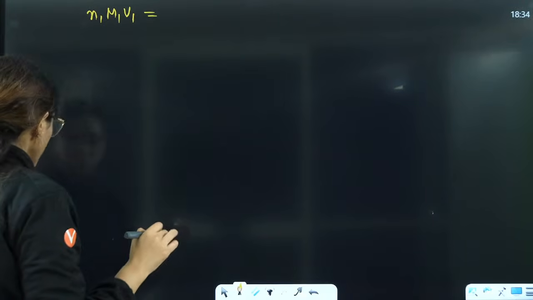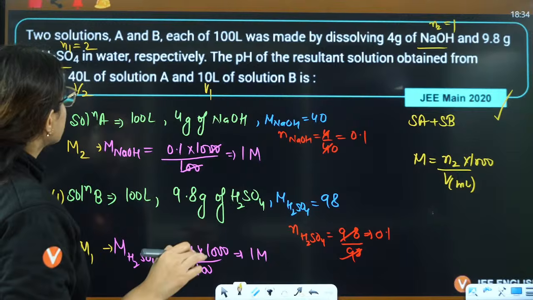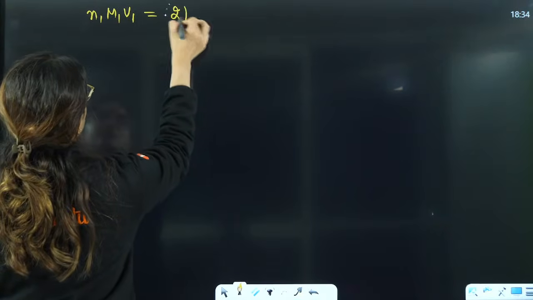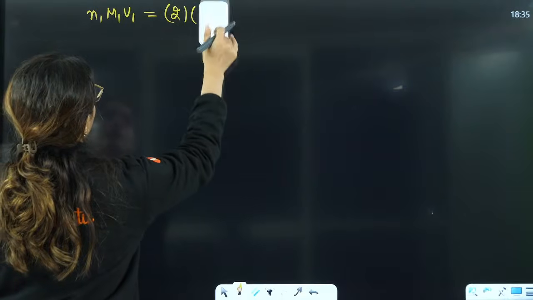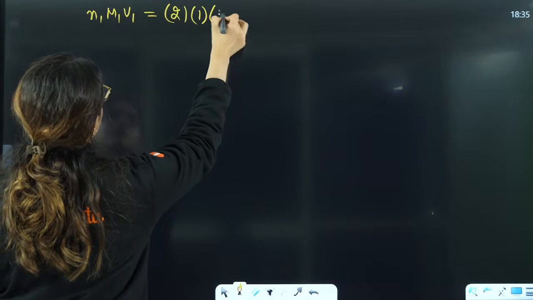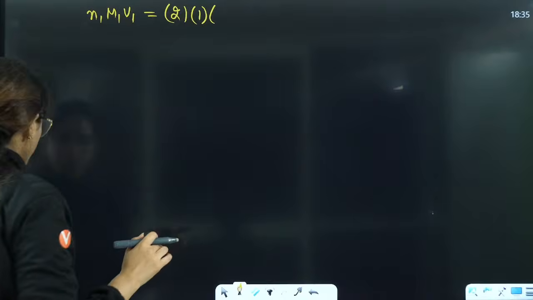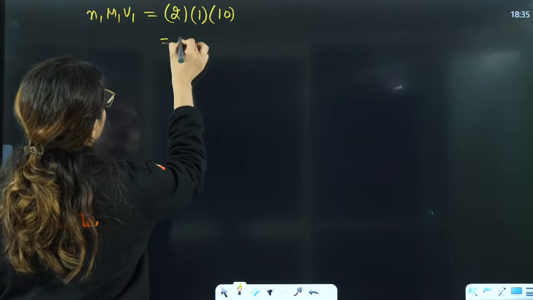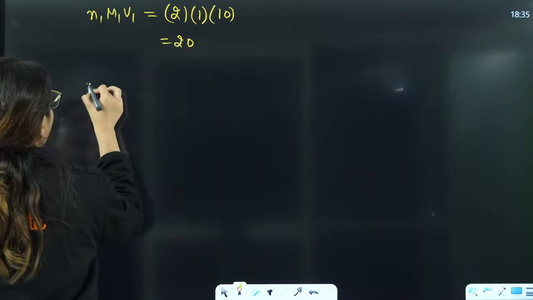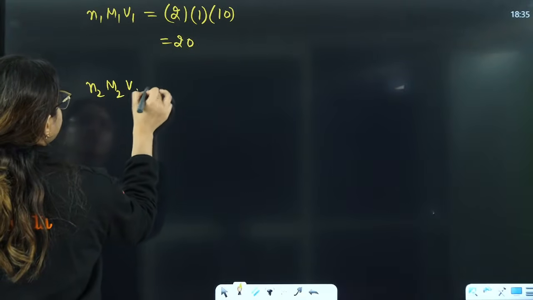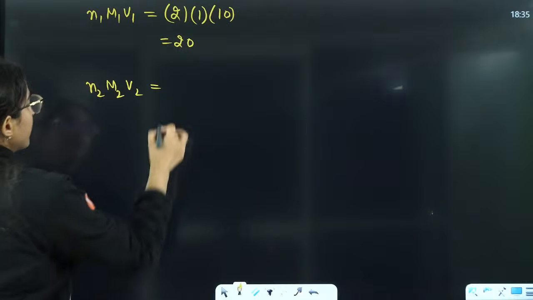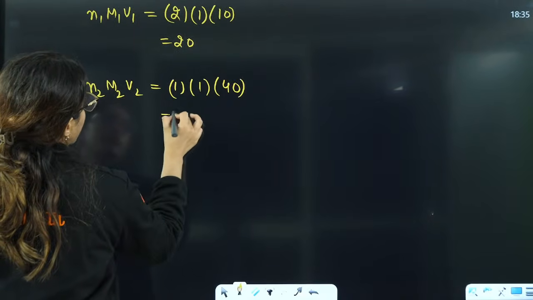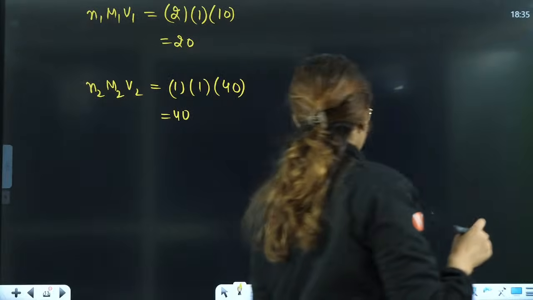The N factor is 2, molarity is 1, and volume is, I think 40, no, it was 10. So it is going to be 20. N2 M2 V2 is going to be: N factor is 1, molarity is 1, and volume is 40. So which one is greater? Tell me which one is greater?